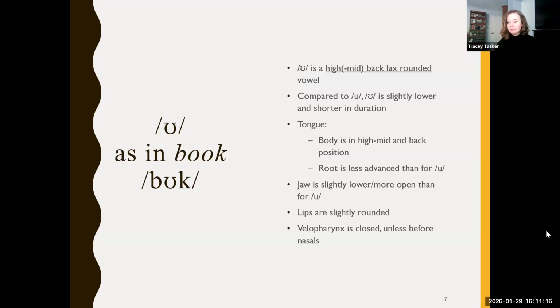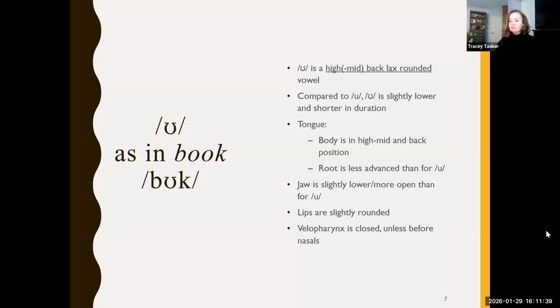Let me say the word book. Book. Very rounded. Compared to ooh, it's slightly lower and it's shorter in duration. You could really extend the ooh, but it's a little bit harder to do that with oh, right?